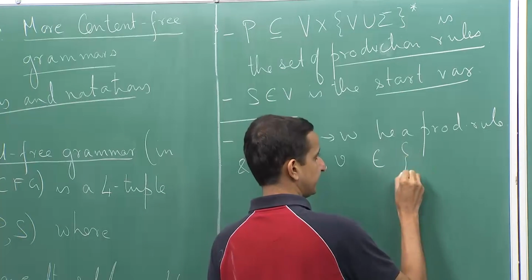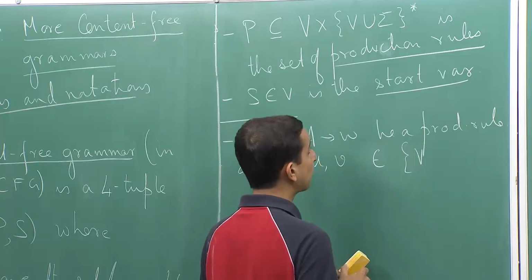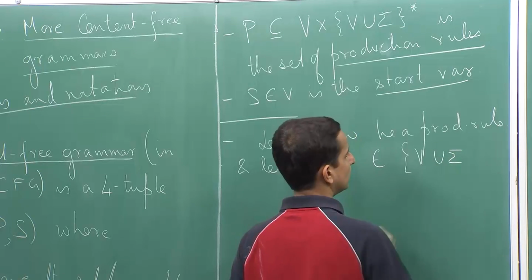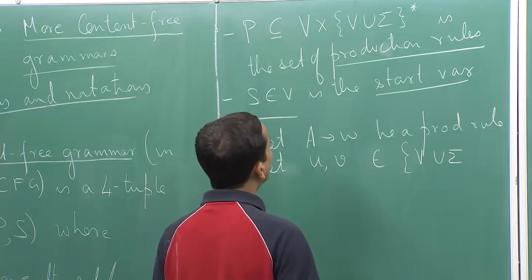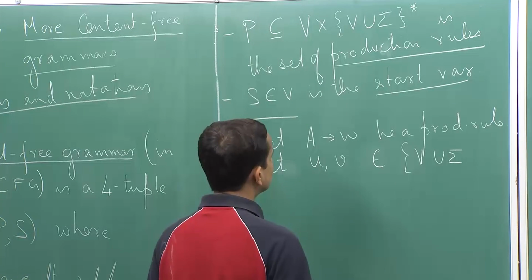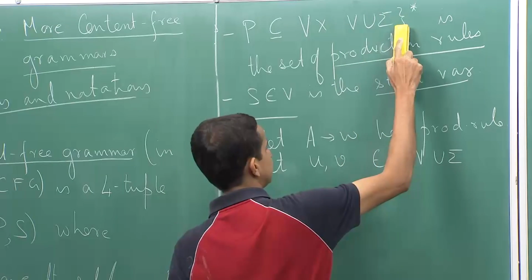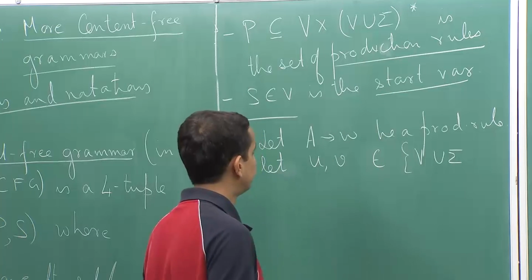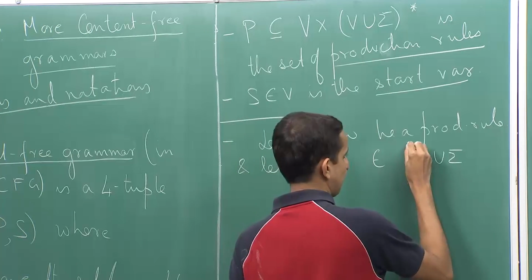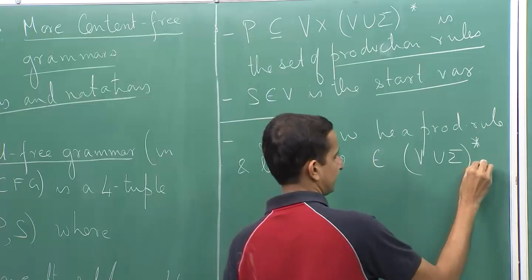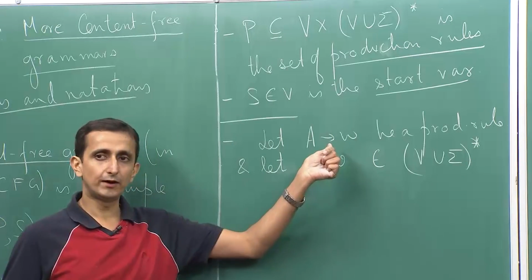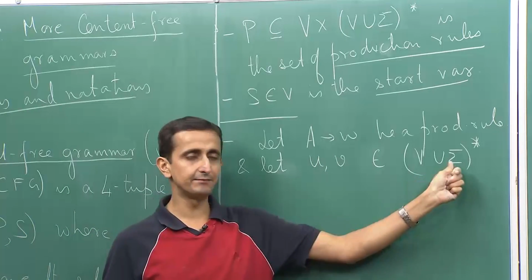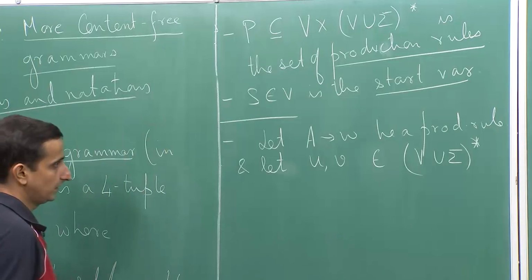U and V are strings over V union Sigma. Just one second, I should not write this as a set. V union Sigma itself is a set, so I will just write it with round brackets. Okay. So, A to W is a production rule, and we have U and V, which are strings over variables and terminal symbols.